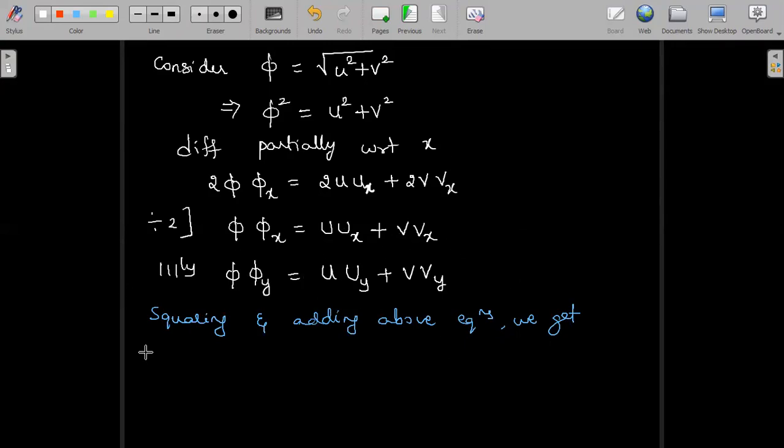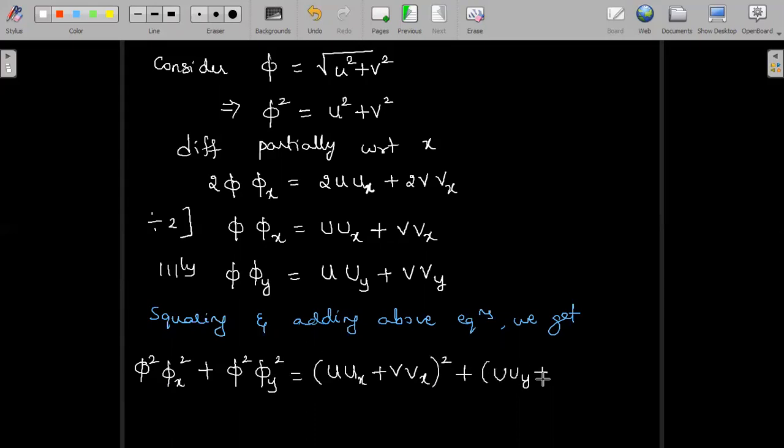So it is of the form phi square phi x square plus phi square phi y square is equal to right hand side, u ux plus v vx whole square plus u uy plus v vy. This should have been v, so v into vy whole square.